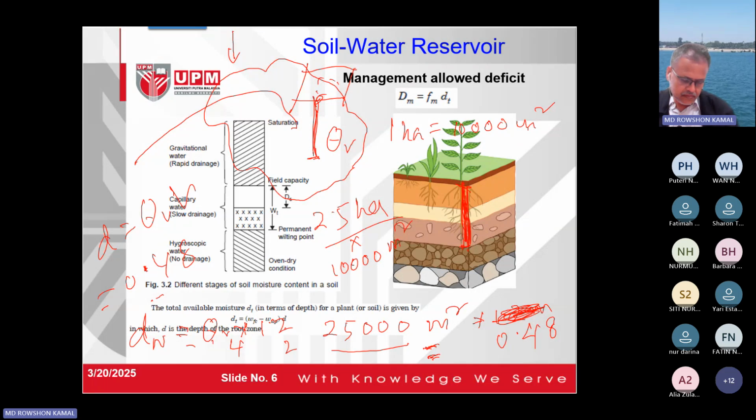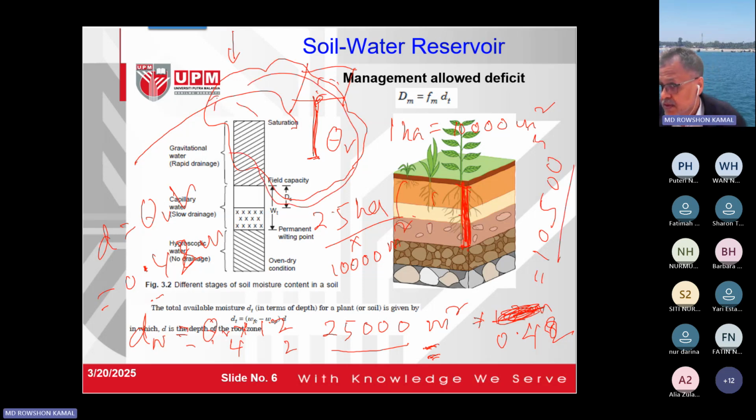Let's say I said 0.35, no problem, so it is 0.42 meter. If you multiply 0.42 by 25,000, it is 10,500. So 10,500 meter cube of water will be stored in your field.